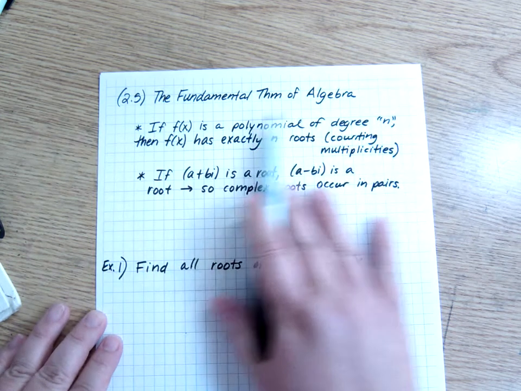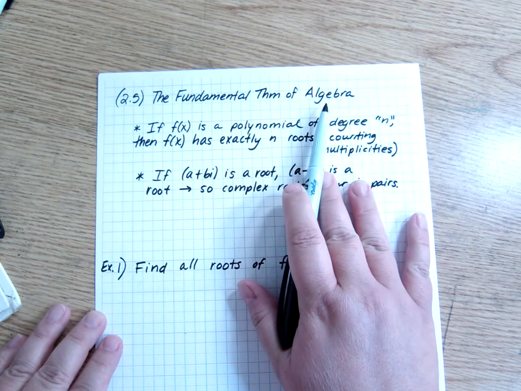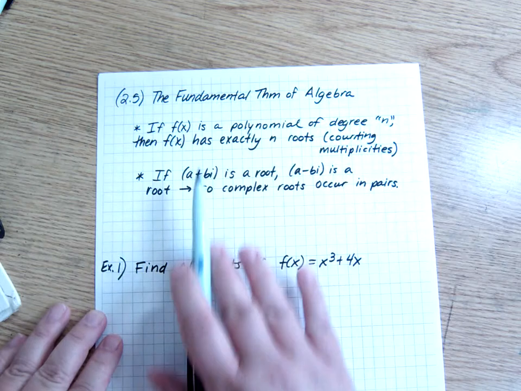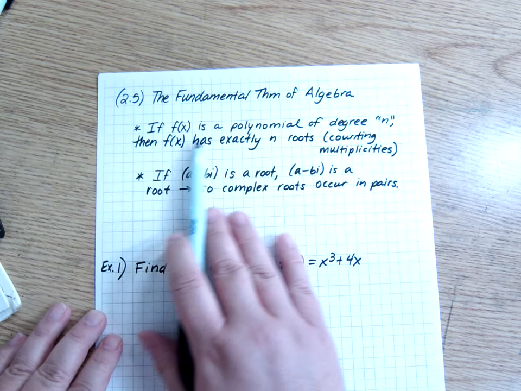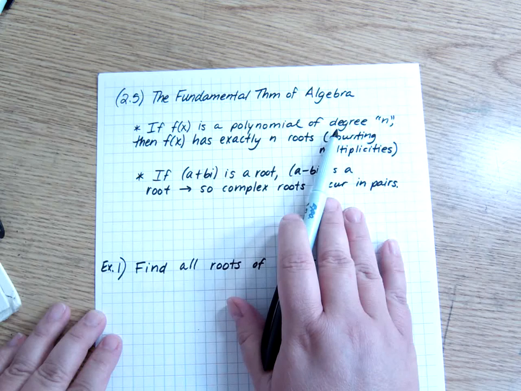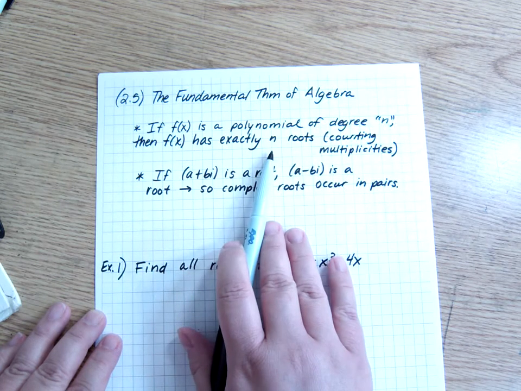So the fundamental theorem of algebra is what this section is about. But this has basically two parts, both of which we've talked about before. If you have a polynomial and you know its degree, meaning the biggest exponent, you should expect that many roots. In other words, if it's x to the fifth, you should expect 5 roots.